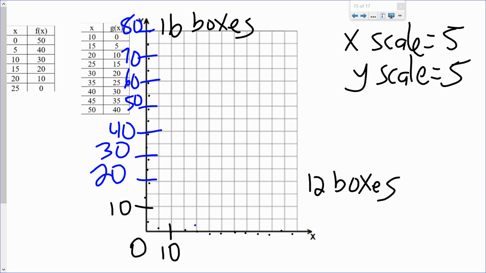And 20, 30. Again, each box is worth 5, but I'm labeling every other box, which would make every other box 10.